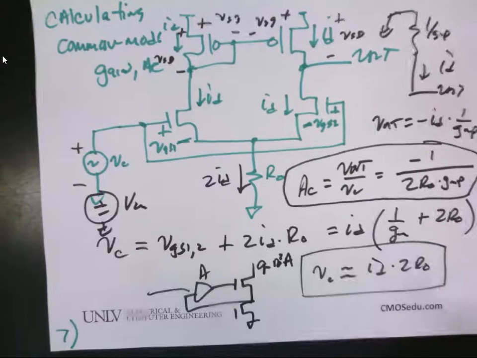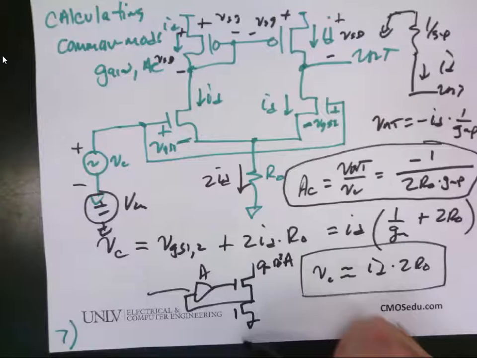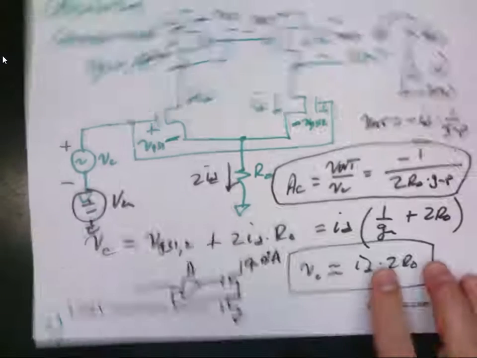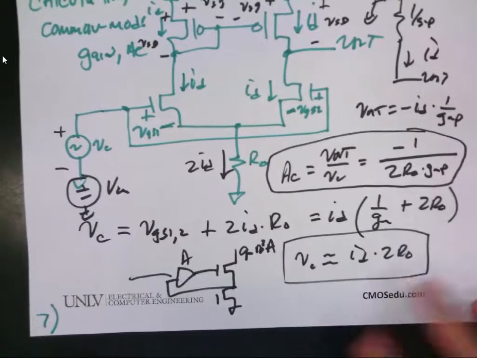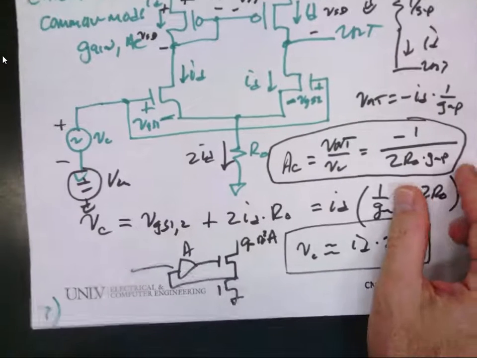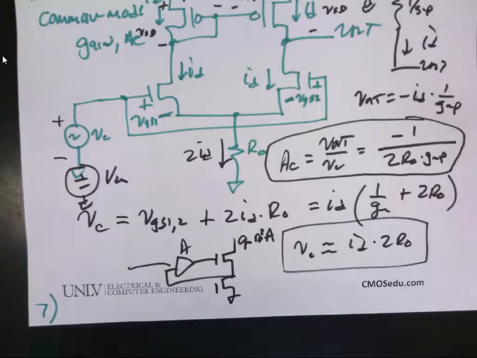Let's say I make A huge, 10,000. So I've got a huge output impedance, and you say, wow, I've got really good common mode rejection. I'm not going to have to worry about any coupled noise unless it's so large that it shuts your devices off because they're moving into triode.